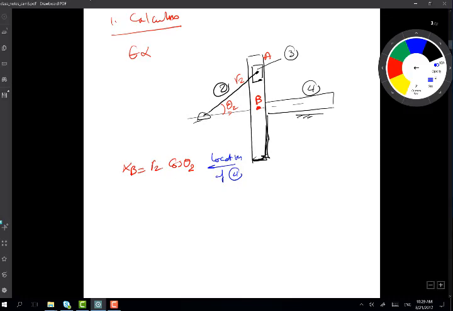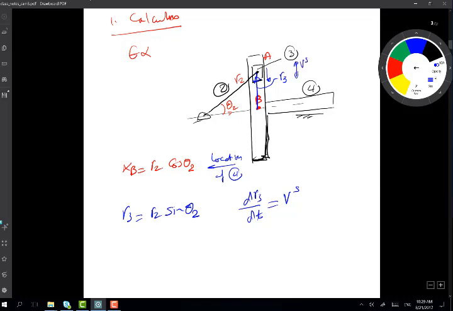Or if I wanted the sliding velocity in this direction, then I need this location here, this distance. I can call this distance R3, whereby R3 is equal to R2 sine theta 2. Again, when I differentiate that, dR3 dt should give me the sliding velocity up and down, right?